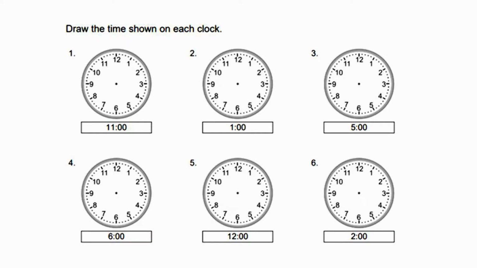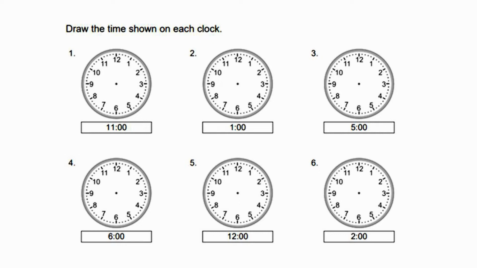This is where it gets exciting. I have faces of 6 clocks on the screen. However, I did not put in the hands. There are no hands on these clocks. But I have the time written under the clock, and I would like you to draw the hands in on the clock. So you have to draw 2 hands on each clock.